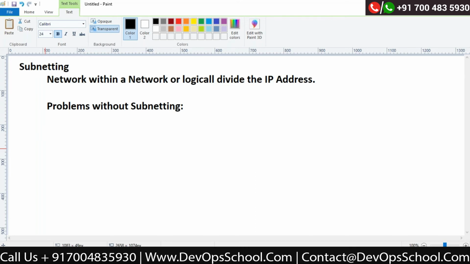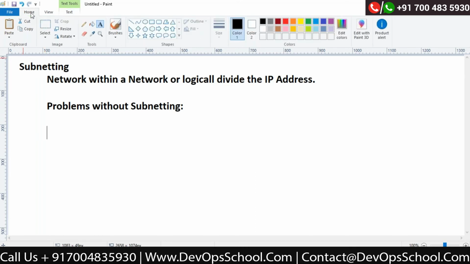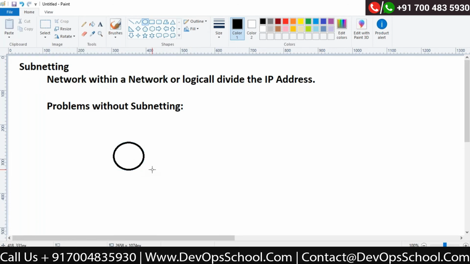Well, let's take a simple example. Let's say I do have two routers. I will have one router over here, router number one. This is my second router, correct? Now these two routers are actually my offices or something, whatever you can say.